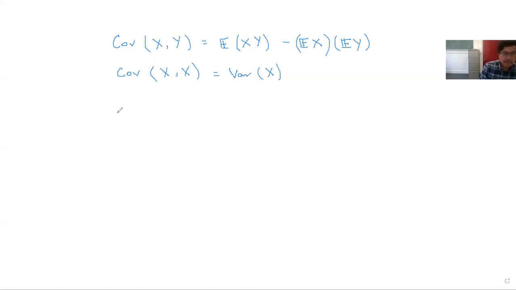Okay, and then this is an elementary fact, which you can prove by expanding things out. So let me say it twice for simplicity. If you have two random variables, not necessarily independent, then the variance of x plus y is the variance of x plus the variance of y plus twice the covariance of x and y.